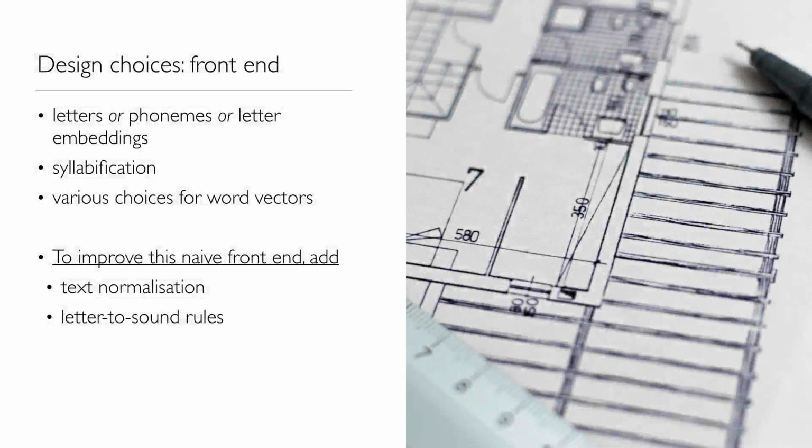Okay, I'll just wrap up now by saying a few words about design choices of the front end. I'll hurry up because I don't want to go behind time. I've mentioned using letters. You can choose to use phones or some mixture. Let me just skip ahead to the various choices for word vectors. There are lots of fashionable ways of learning word vectors these days. You might want to learn them as weights within a neural network, so you can jointly learn these things with some other task.